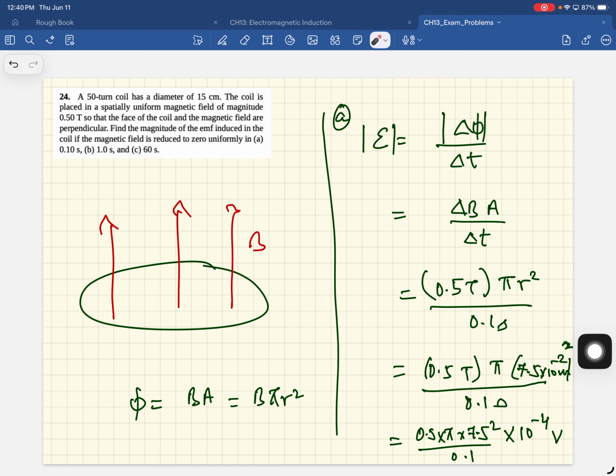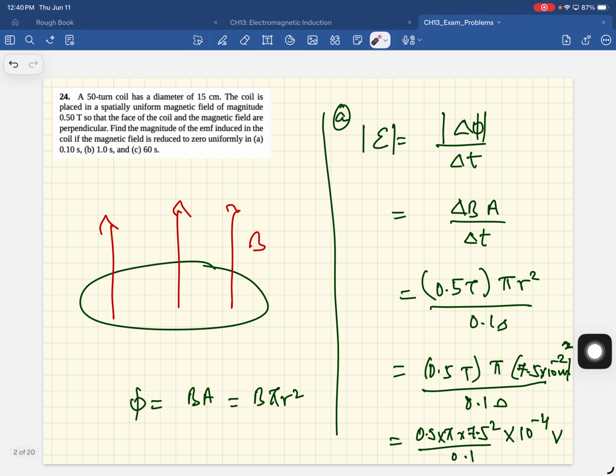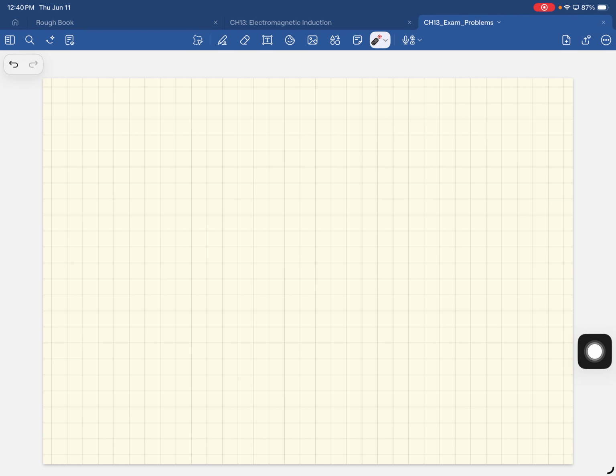So it's increasing, you want to oppose that. Current induced is like that, because that will produce a field into the sheet. So the dots are coming out. That's the initial field, and you want to produce a field inside.